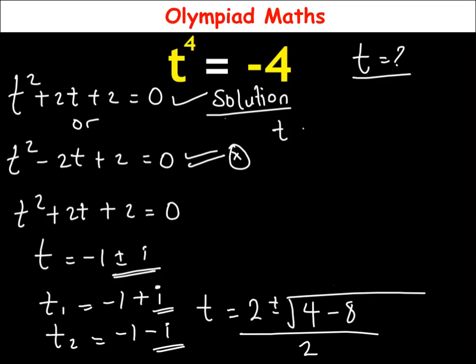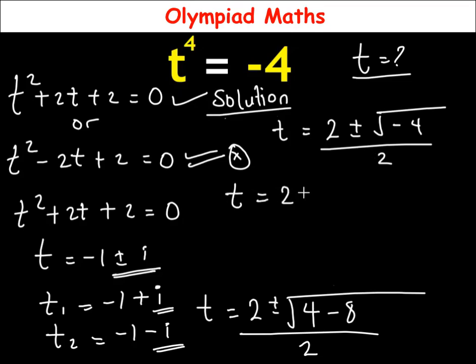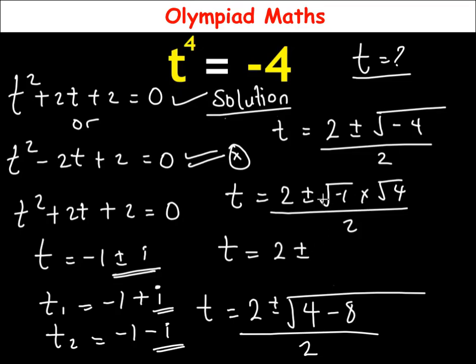With this, we have t is equal to 2 plus or minus the square root of 4 minus 8, which is minus 4, all over 2. T is then equal to 2 plus or minus the square root of minus 4, which can be written as the square root of minus 1 times the square root of 4, all over 2. So t is then equal to 2 plus or minus i times 2, since the square root of minus 1 is i and the square root of 4 is 2, all over 2.